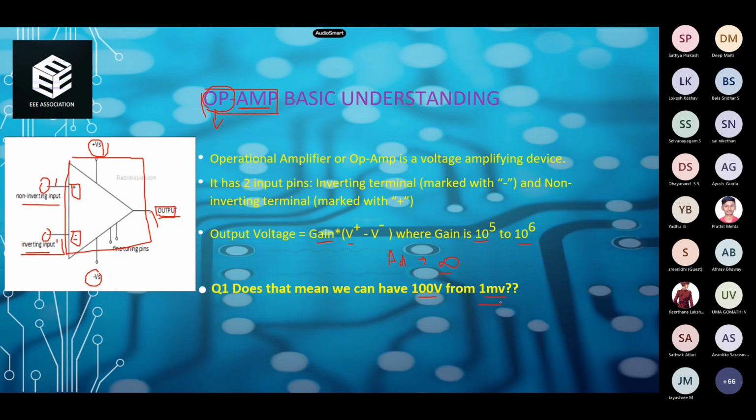So even if you provide 1 millivolt and it has a gain of around 10 to the power 5 or 10 to the power 6, you will not get 100 volts at the output; it will be V saturation, which is generally plus or minus 15 volts. It depends on the IC being used, and I'll show one of the ICs.